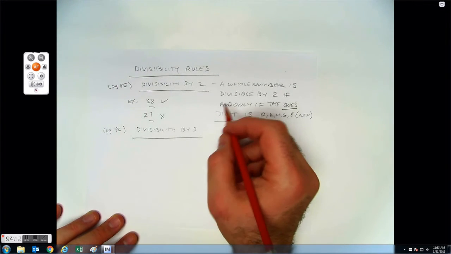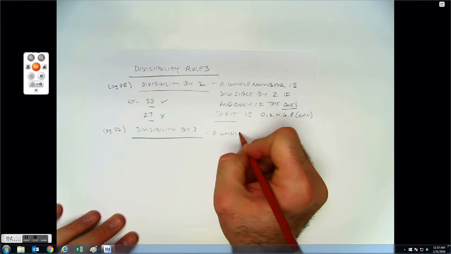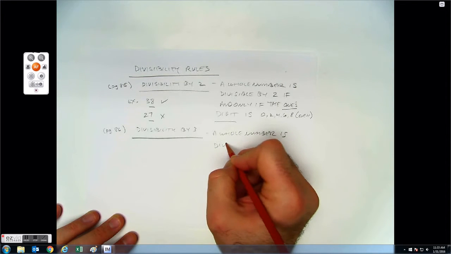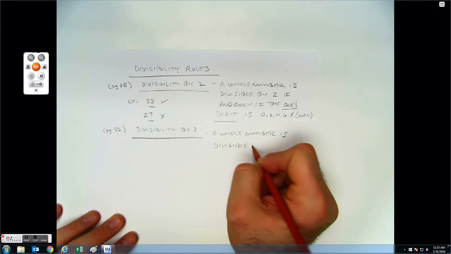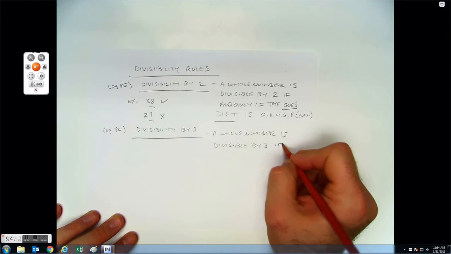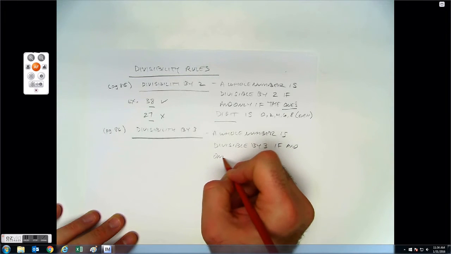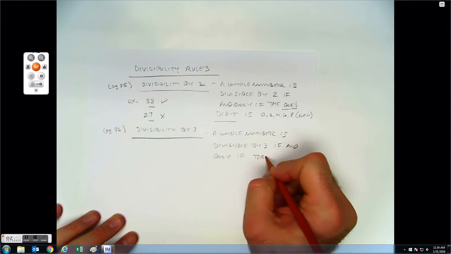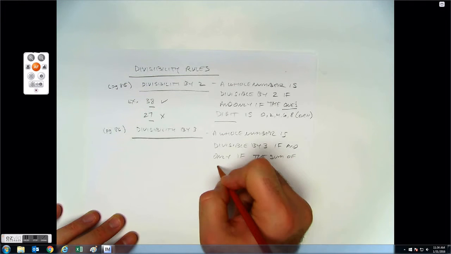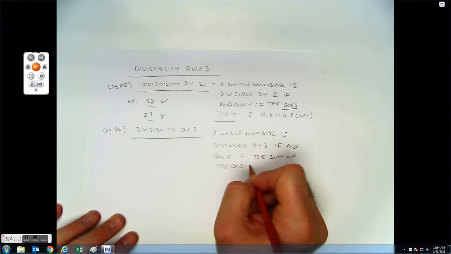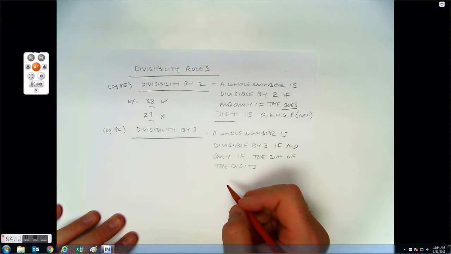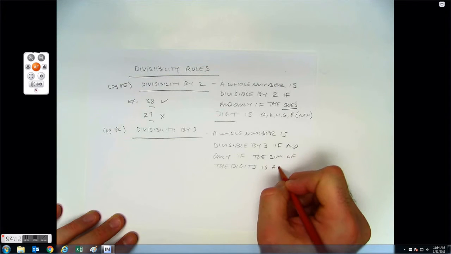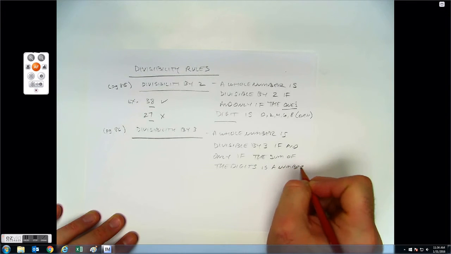Now, divisibility by 3 says a whole number is divisible by 3 if and only if the sum of the digits is a number divisible by 3.